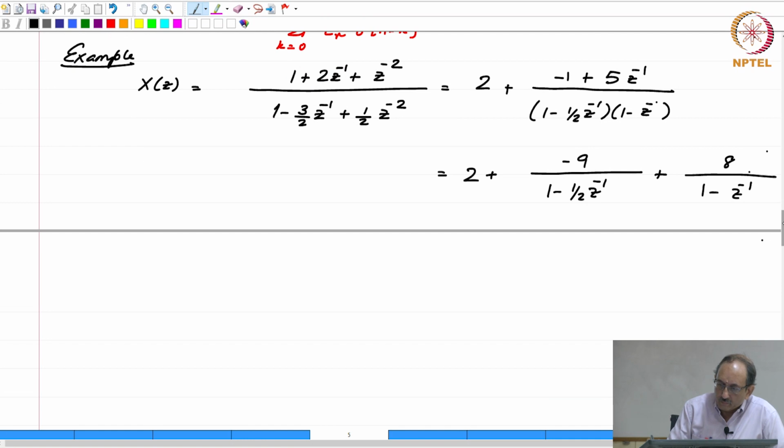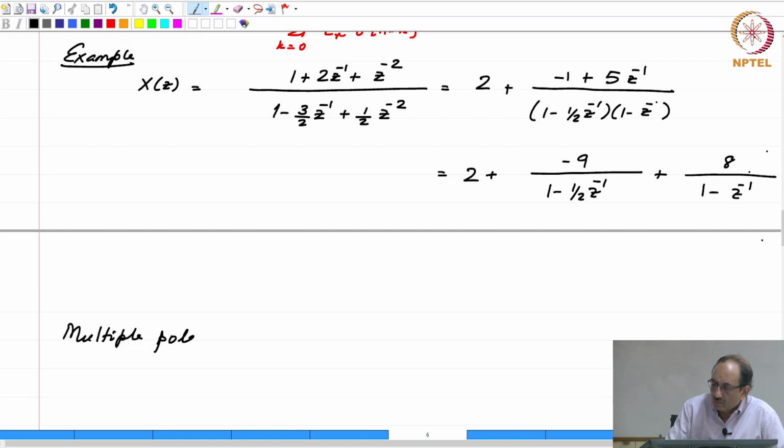And the last case is multiple poles, that is non-simple, and still m strictly less than n. Again, if m were greater than or equal to n, you can always divide, and then the quotient you will get is similar to what was happening in the previous case.